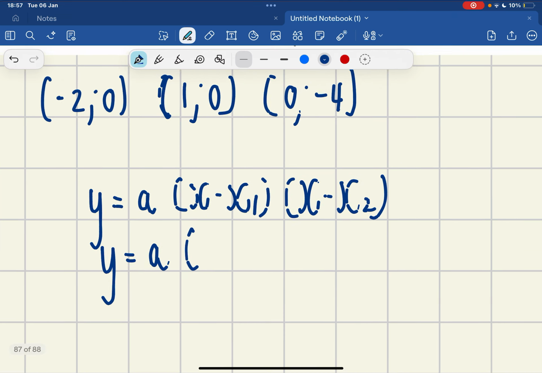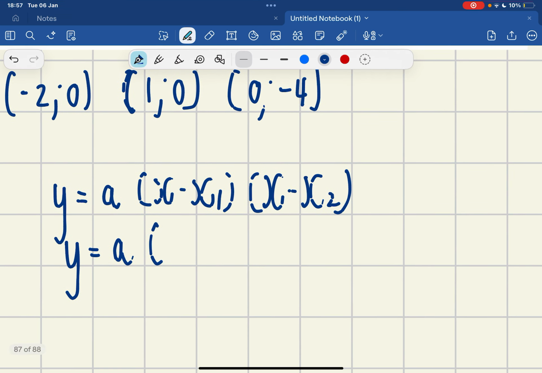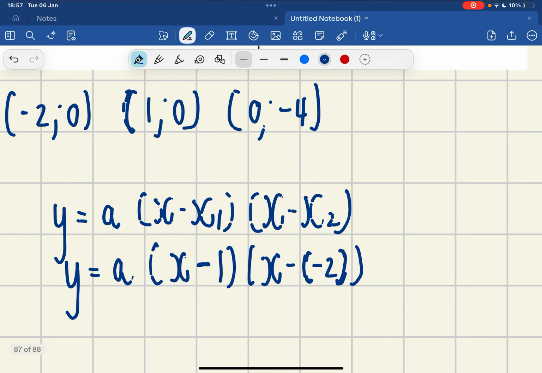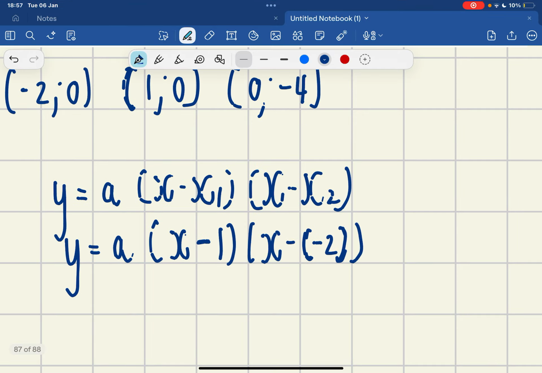So our intercepts, so basically x-intercepts, where y is equal to 0. So we'd have x minus 1, and we'd have x minus 2, which could easily be solved and made x plus 2. And then we'd plug in this other point, which is 0, -4.